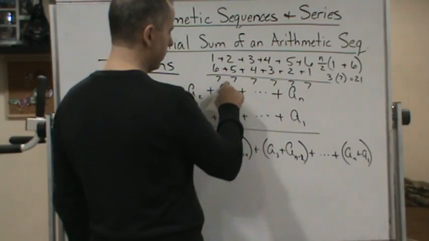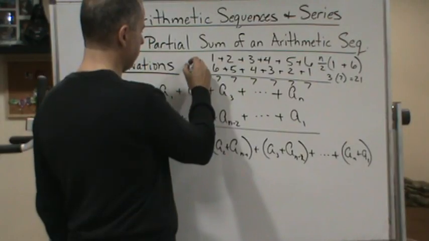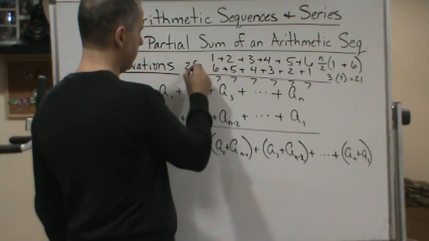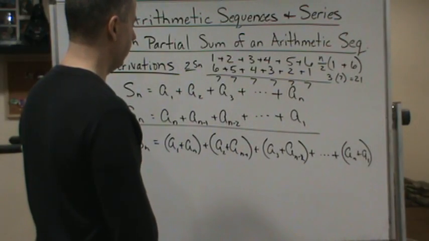And if you notice here, this equals 42. But remember, this is equal to 2 times S sub n. So you have to divide by 2, which gives us the 21.